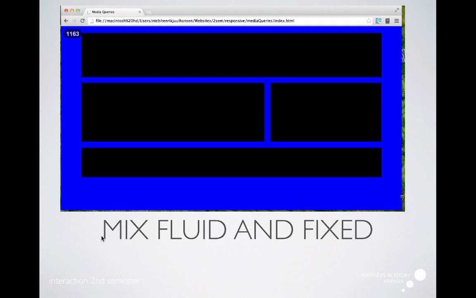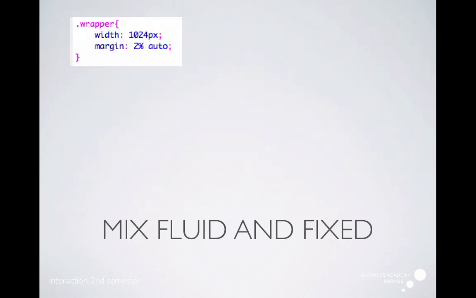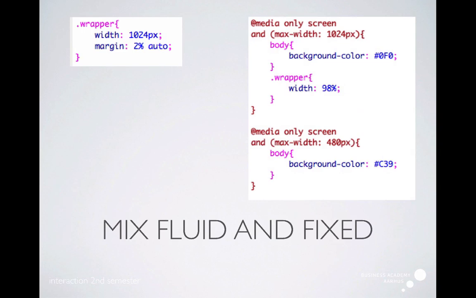So this is a mix of the fluid and the fixed. Let's see how it's done. See, I set a wrapper at a width of 1024 pixels as before when I had the fixed layout. And then I said that if we are below 1024 pixels, we change it to a fluid grid instead of a fixed grid.